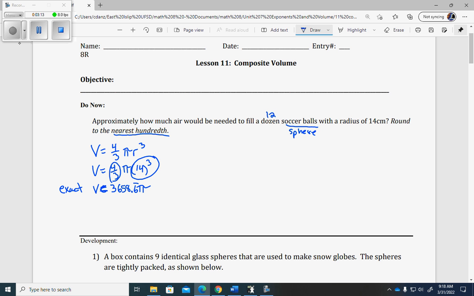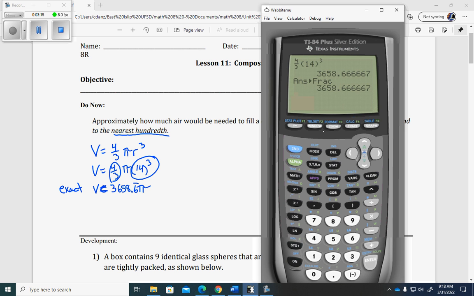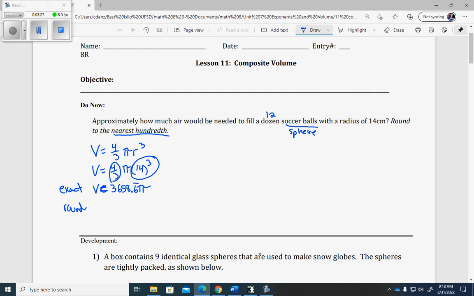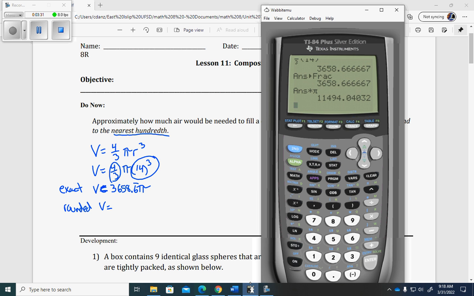Now, using my calculator, I'm going to keep that answer there and just hit multiply by pi. And for my rounded answer, I get that the volume is 11,494.0.